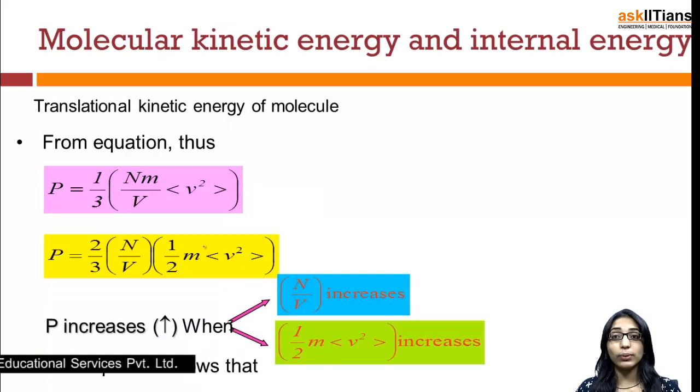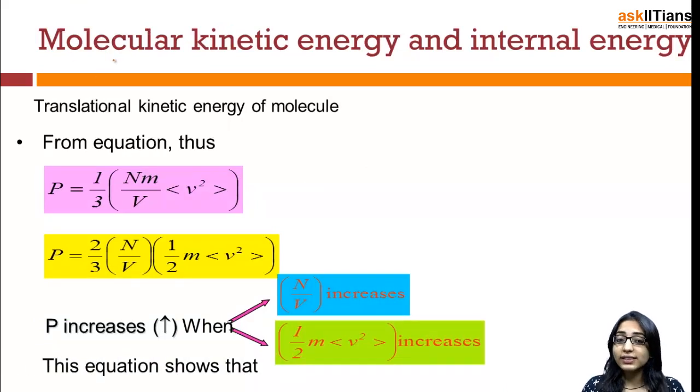So let's start with the topic where we are going to discuss the molecular kinetic energy and internal energy. Let me first of all define what we mean by the translational kinetic energy of the molecule. As per what we saw in the previous slide, there is a gaseous molecule which is moving with some speed, known as the translational speed, towards one of the walls of the container.